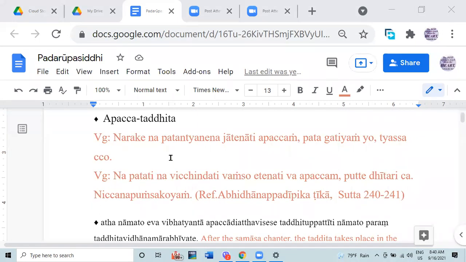Intransitive roots mostly need locative. Interesting question.